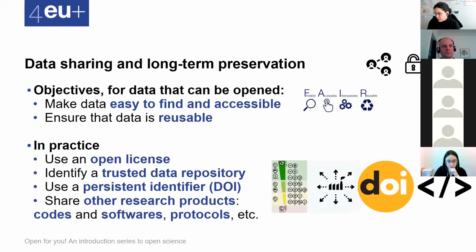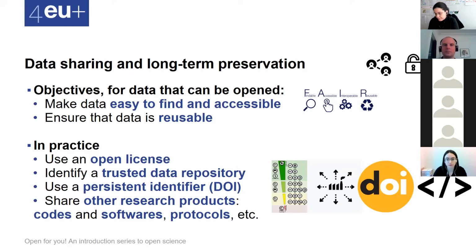So in practice for this part, you can use an open license, for example, Creative Commons. You can identify and then use a trusted data repository. If you use a data repository, you can add a persistent identifier to your data sets.